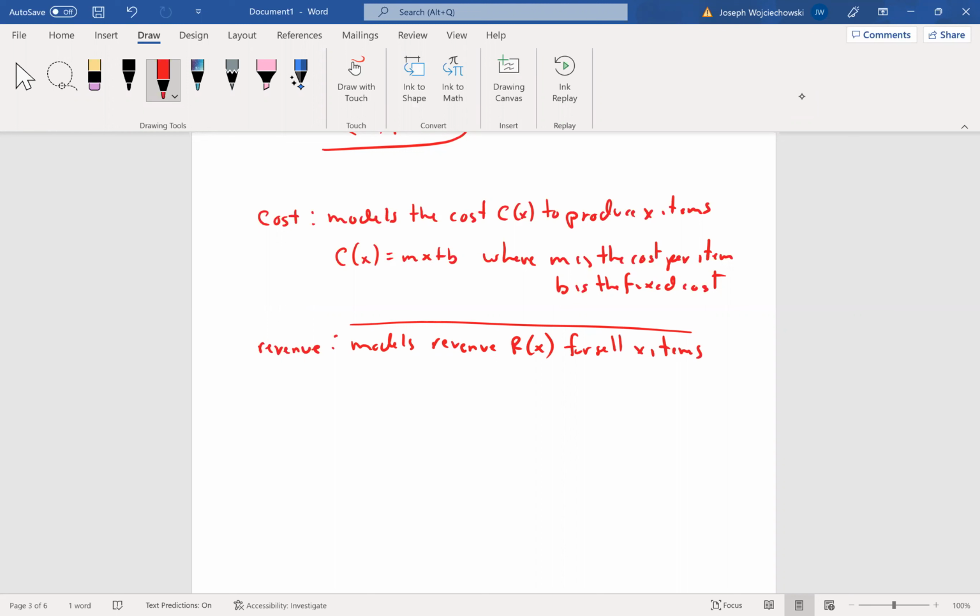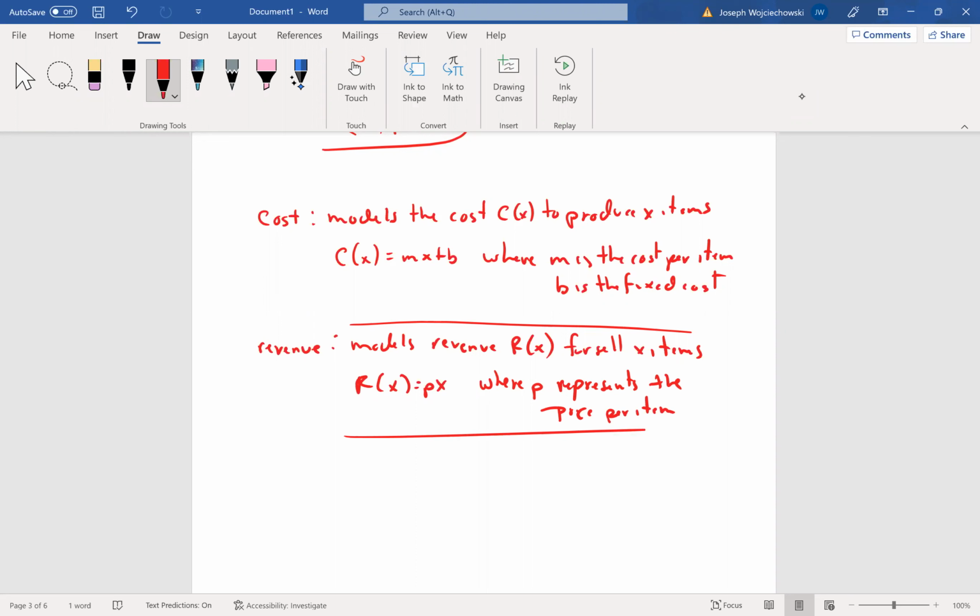And typically this is R of X equals P times X, where P represents the price per item.